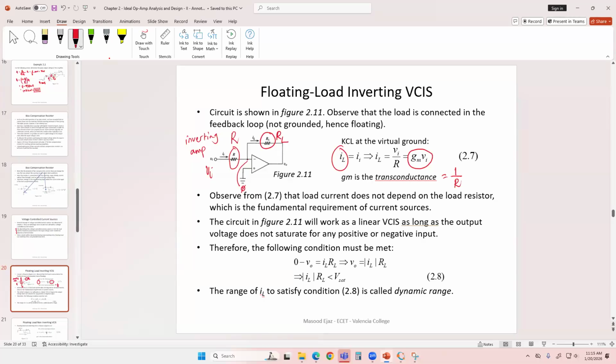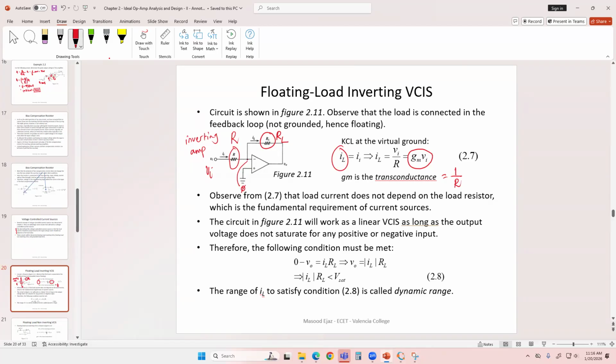This circuit is going to work as a linear voltage controlled current source as long as the output voltage does not saturate for any positive or negative input values. So we have to find the condition for which the output voltage must not saturate for any load value, and that condition is going to come from the output voltage.